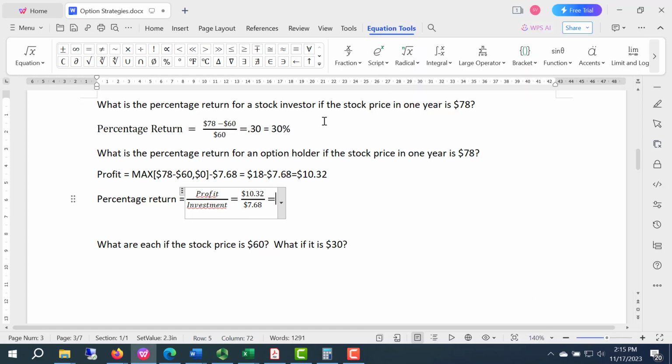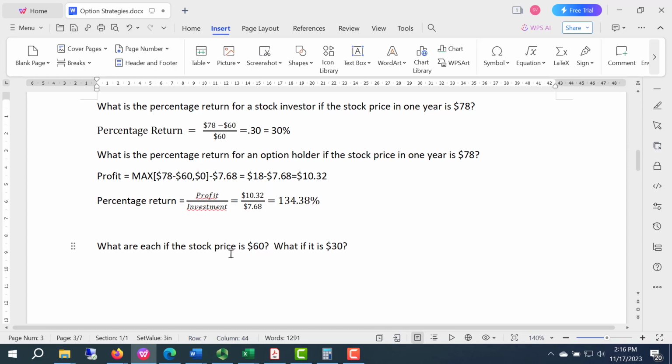So you can see here that for the same or a smaller dollar investment, we can generate much higher returns by using options. The downside of this is that you can also generate really low returns as well.